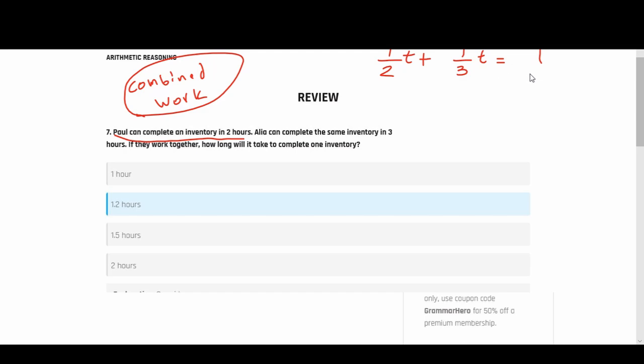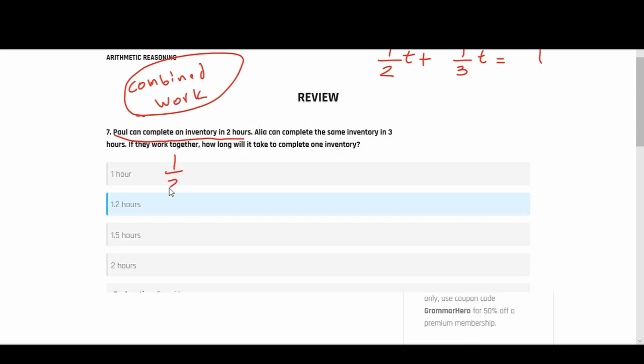You set that equal to 1, which refers to one inventory, and then you combine the fractions and solve for t, time. You set these up the same way no matter what type of scenario they throw at you. And I like to simplify these fractions before I go further.